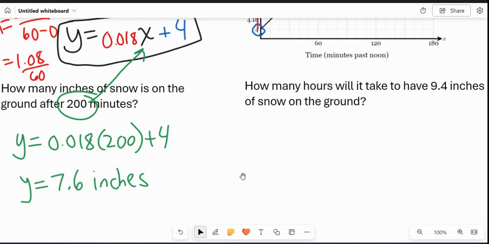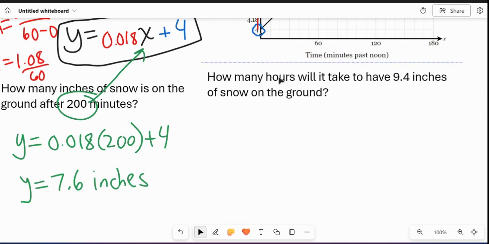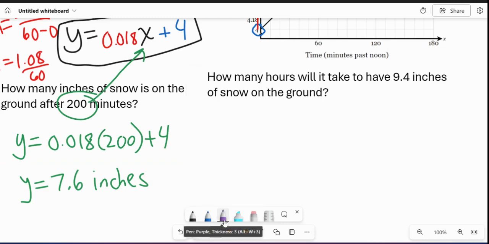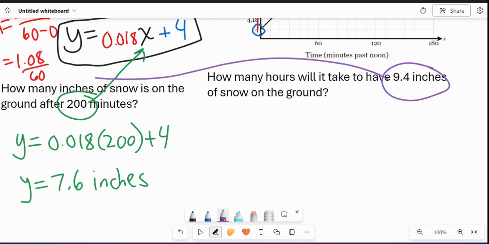Now this question asks, how many hours will it take to have 9.4 inches of snow on the ground? So now I'm going to take this, 9.4 inches. I'm going to plug that in for y into my function rule. So we have 9.4 equals 0.018x plus 4.